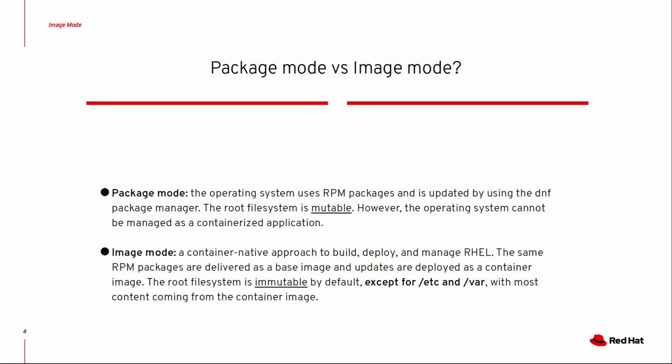Image mode introduces an operating system that is based off of a container image, and the majority of the file system is immutable, not changeable, after it has been deployed. Now there are some exceptions, of course, because we need home directories, we need persistent configurations in /etc, we need log files in /var.